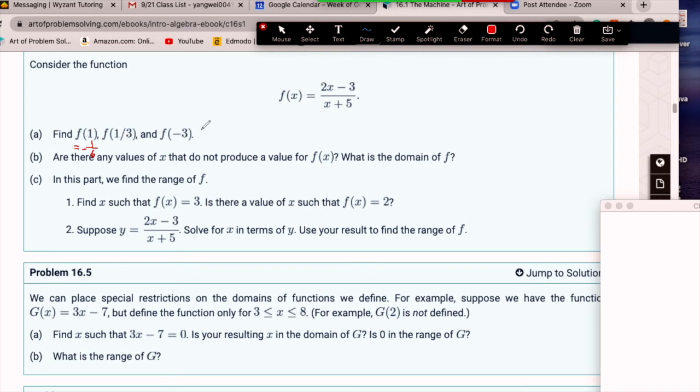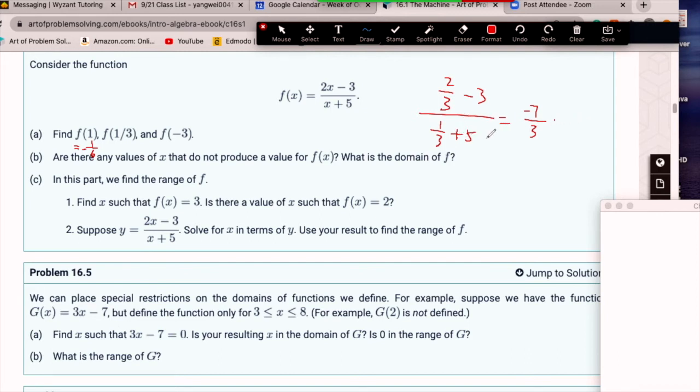The second one, when x equals 1/3, 2 times 1/3 is 2/3, minus 3, divided by 1/3 plus 5. Then you simplify this: 2 minus 9 is negative 7 over 3, times the simplified denominator, 16 over 3.